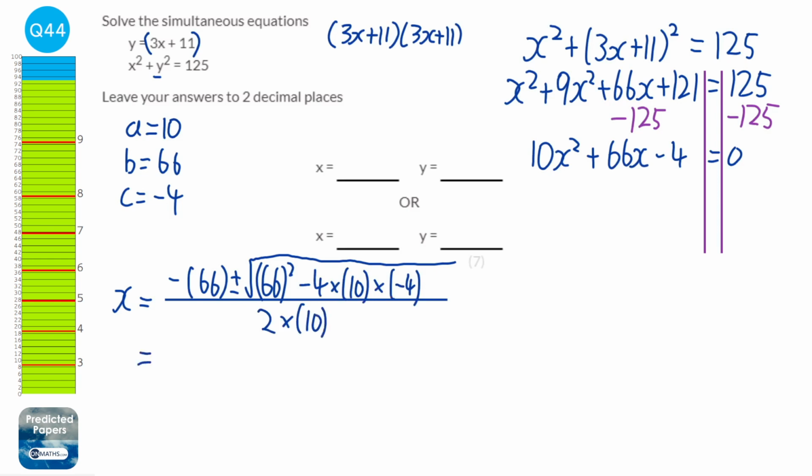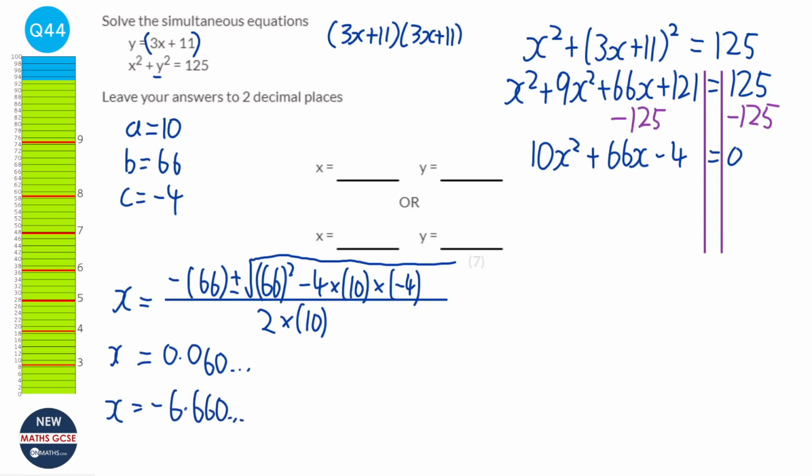When you put that as a plus into the calculator, we get x equals 0.060 and so on, and when you put a minus there, we get the answer of minus 6.660 and so on.